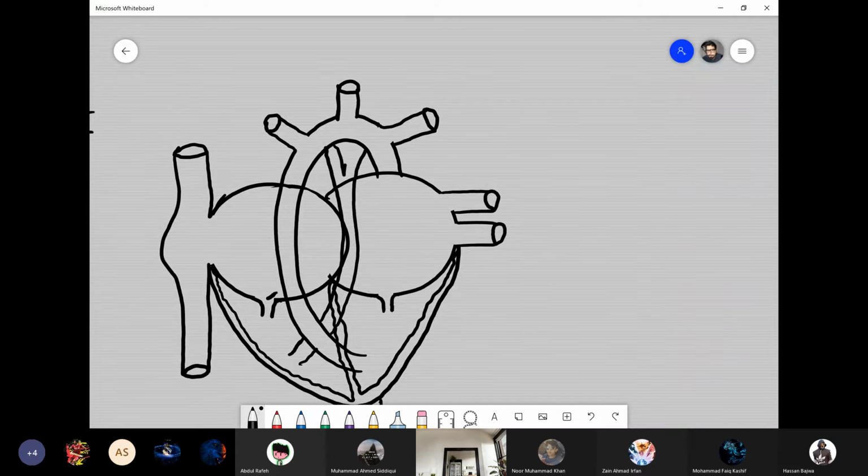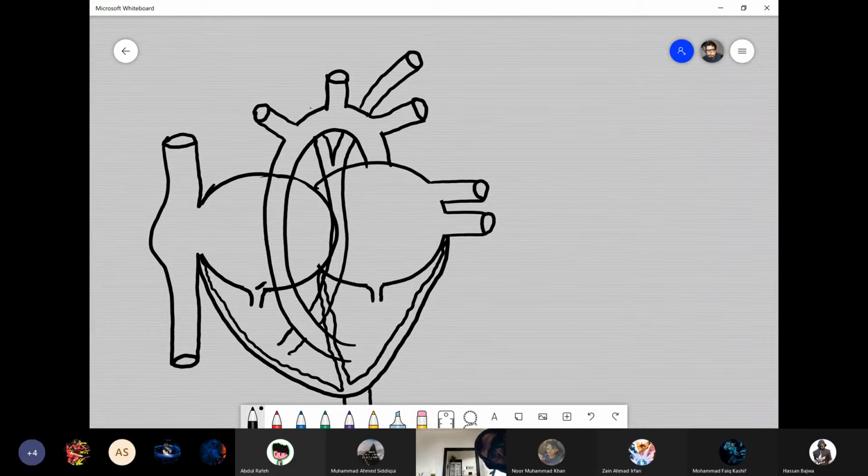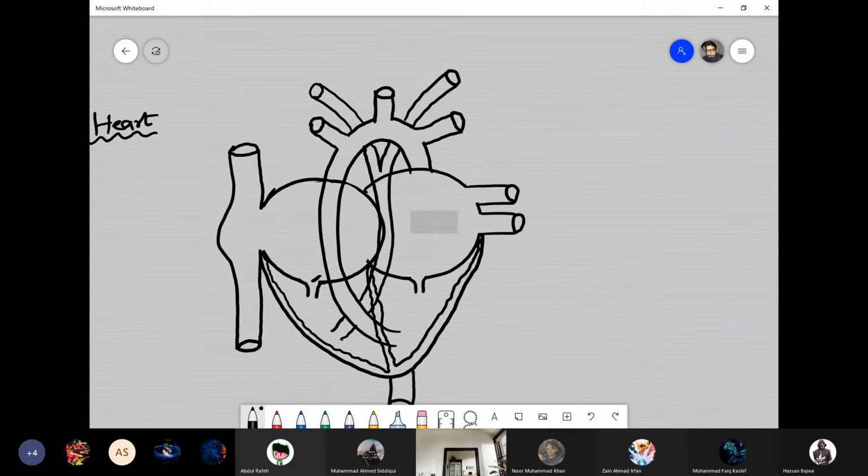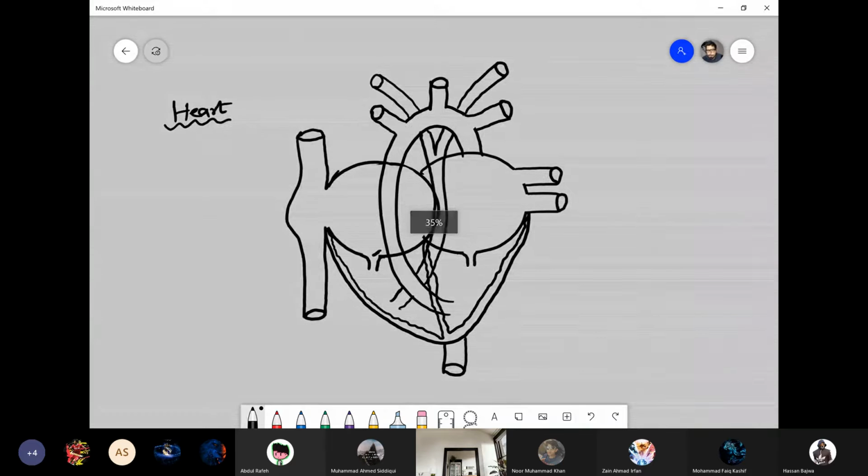Now here you make a V to show the blood vessel going like this, and here going like this. Okay, boys. So the heart diagram is now complete.